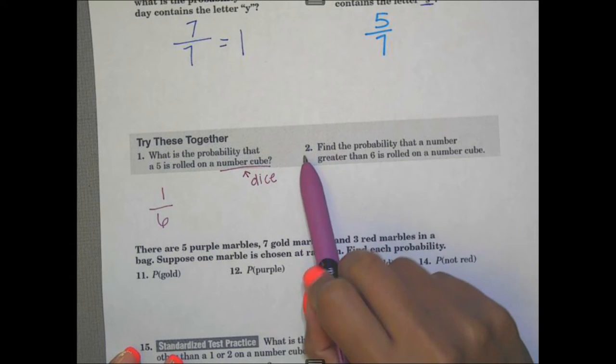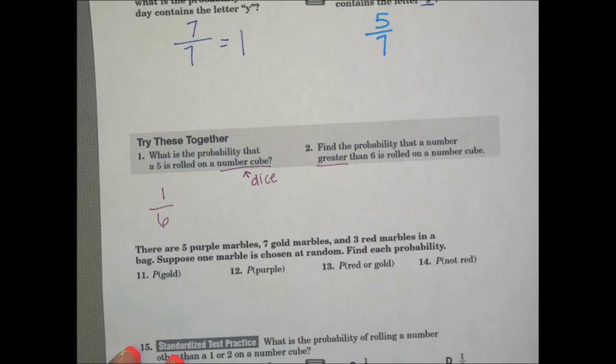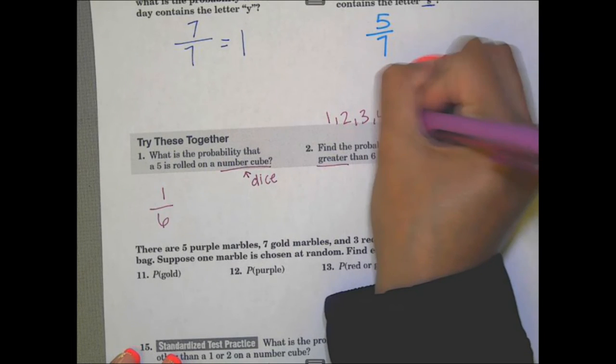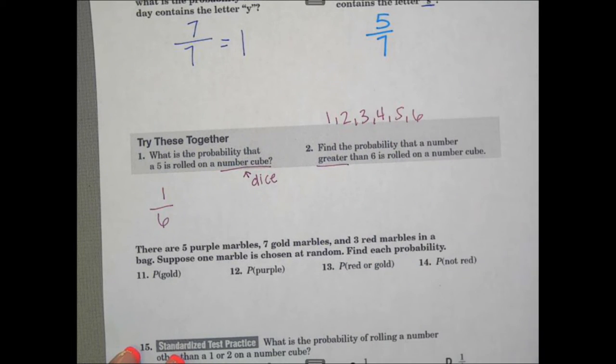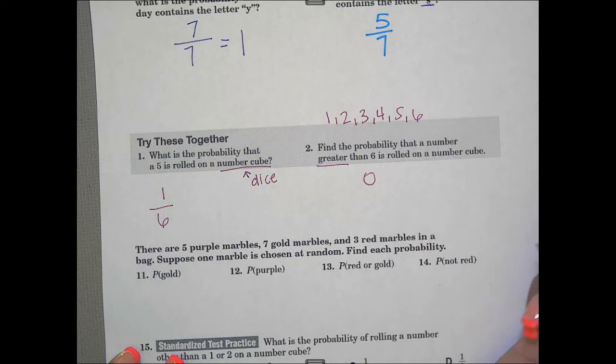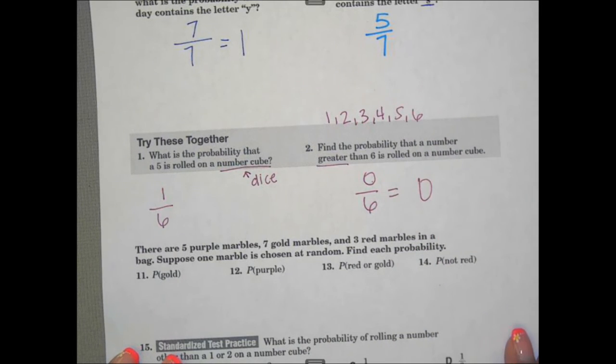And then number 2, find the probability that a number greater than 6 is rolled on a number cube. Well, I know that a dice has 1, 2, 3, 4, 5, or 6, but nothing bigger than that. So it would be 0 out of 6, and 0 divided by 6 would give me a probability of 0.